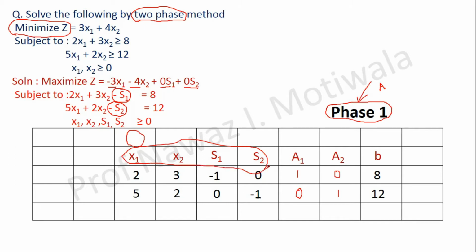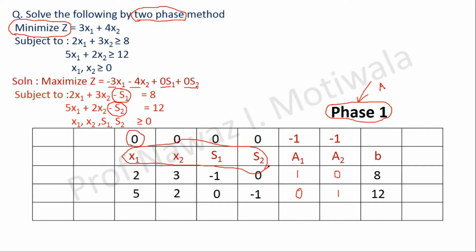So I will put 0, 0, 0 and 0 above as the coefficients for these variables. And for a1, a2, what do we have to write? We have to write -1 as the coefficients in phase 1.